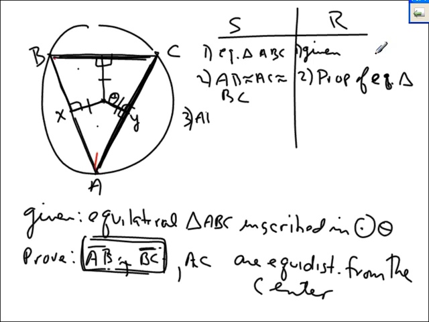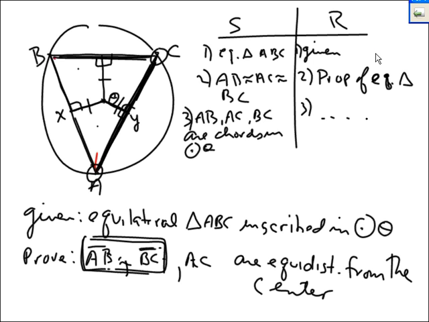And then you'll say that AB, AC, BC are chords in circle O. Why? Any line that goes from one point of a circle to another point of a circle is a chord. Okay, statement 4.